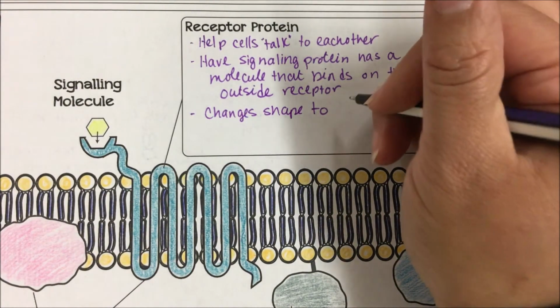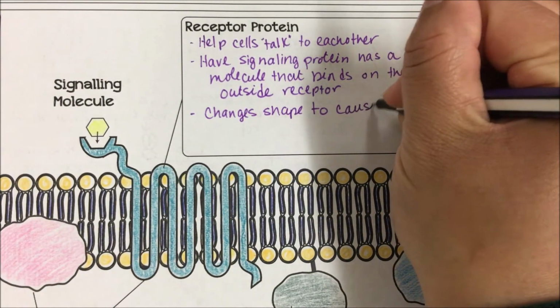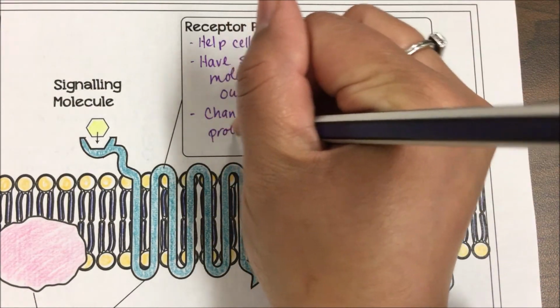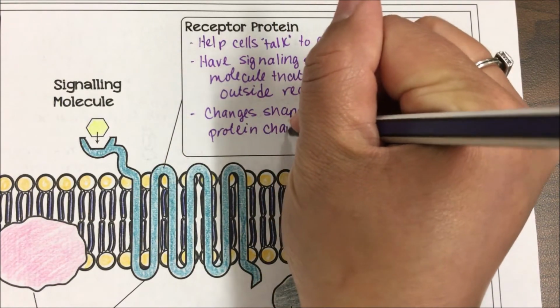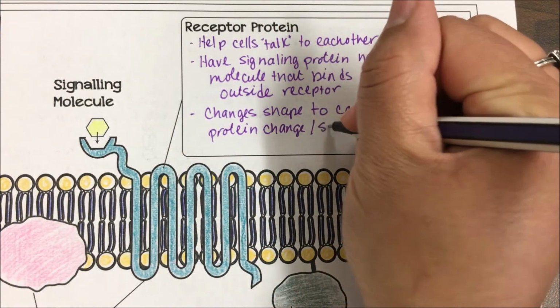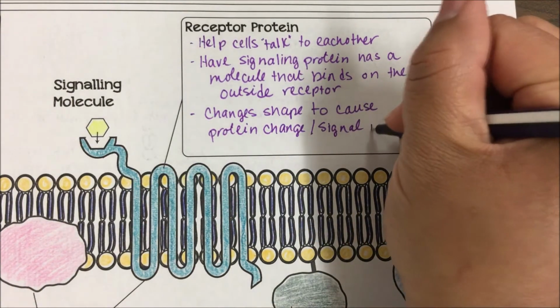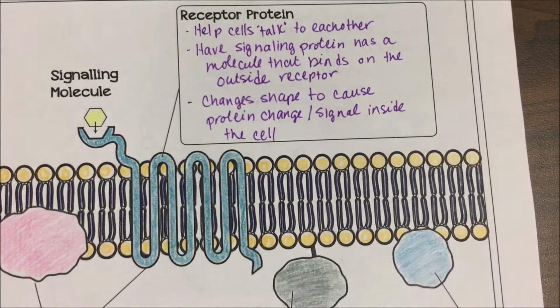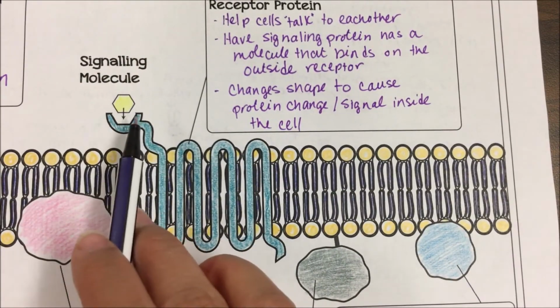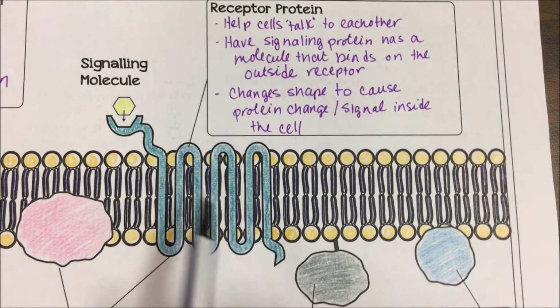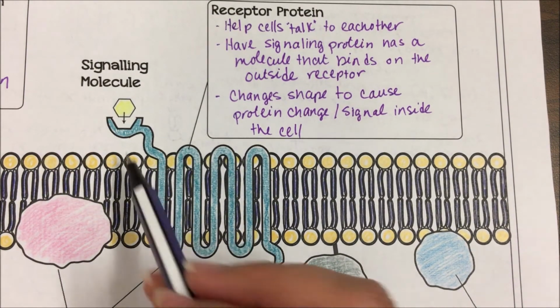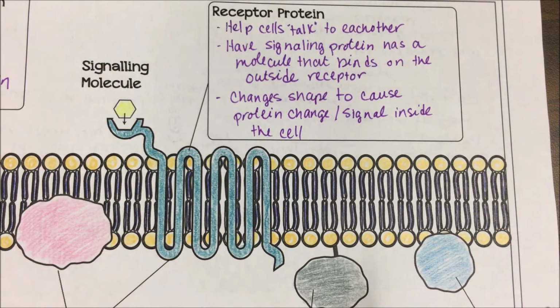So it changes shape to cause protein change/signal inside the cell. A good example of that we're going to talk about would be hormones. If you have a hormone that binds to a protein receptor, it's going to cause changes inside of the cell, and so you're going to have other molecules being produced once that hormone hits that signaling receptor.